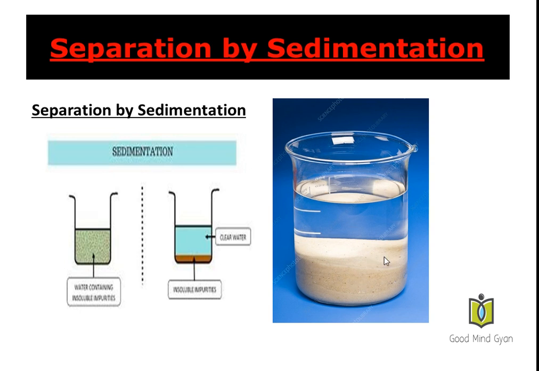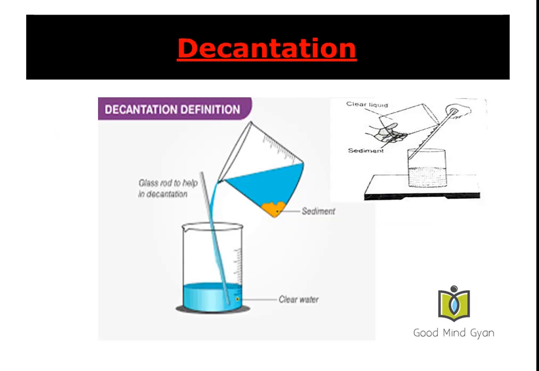You can see this very well in this picture, where this part which has settled down is the sediment, that is the insoluble impurities, and the clear water is the supernatant liquid. So in this way we have separated the mixture.